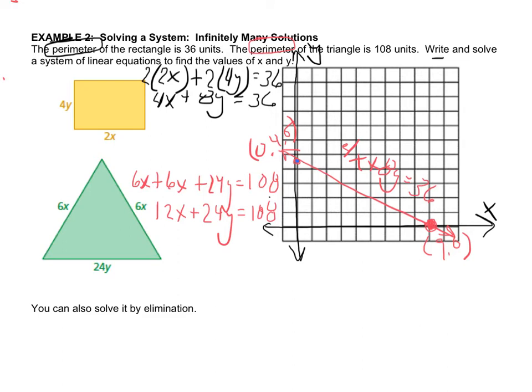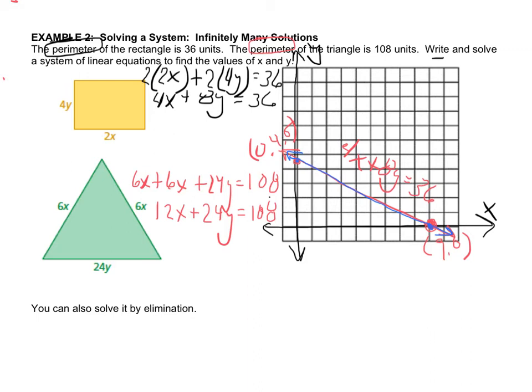Then I move on to the second piece. If I make my y 0, that cancels out this term, leaving me with 12x equals 108. If I divide 108 by 12, I end up with the 9 that we had over here. So again, we'll notice we have the same two intercepts, and if I was to try to draw this, I'm basically getting the exact same line.